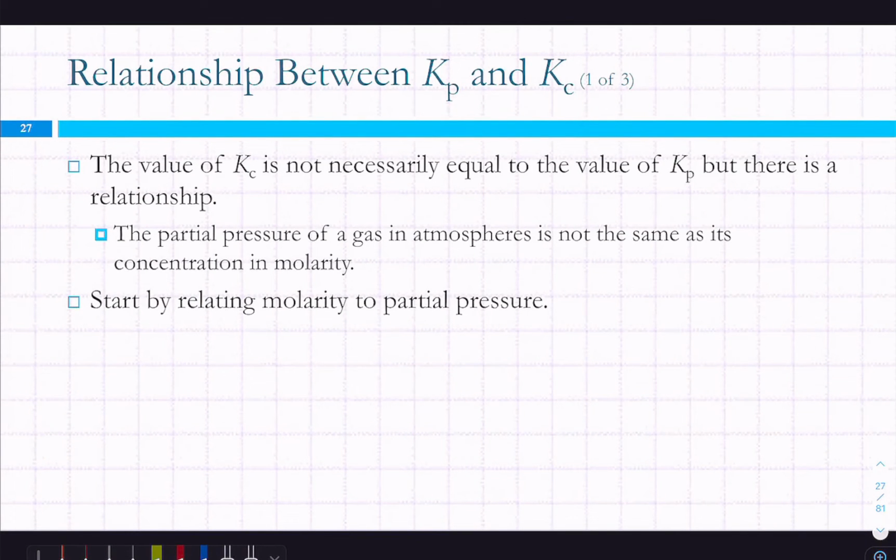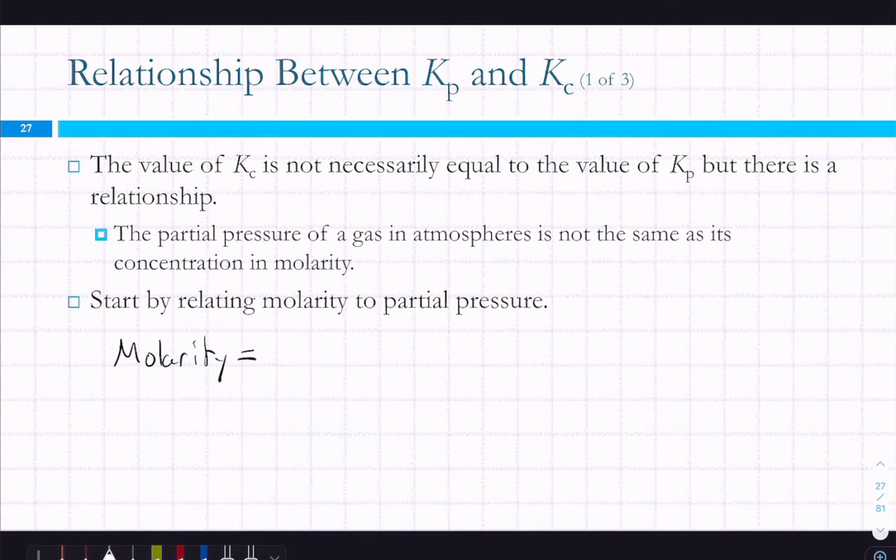So the value of Kc, though, is not exactly the same as using Kp. They're related, and we can actually derive that relationship just by understanding the units of molarity and how they relate to ideal gases. So our Kc concentrations that we're using are molarity, capital M. And what is molarity?